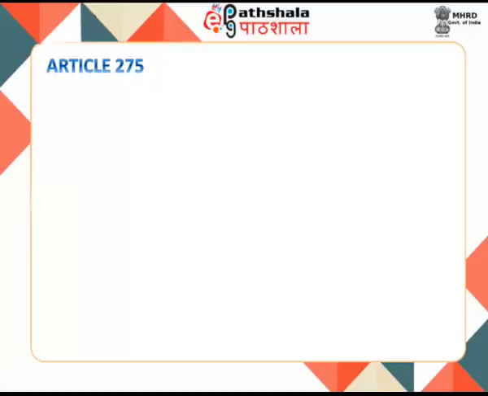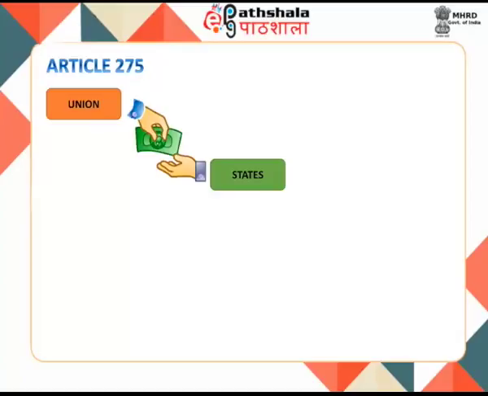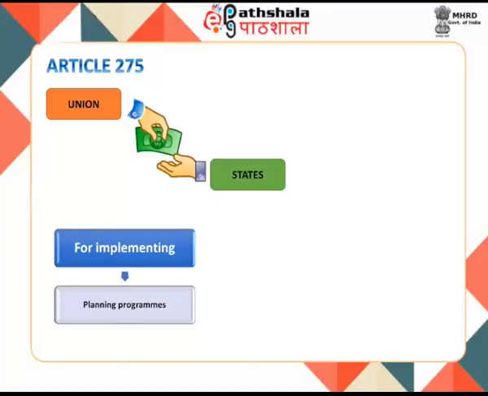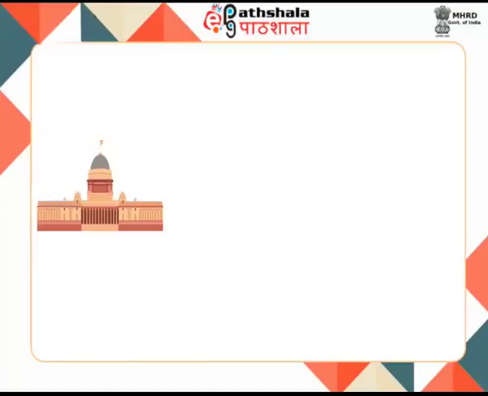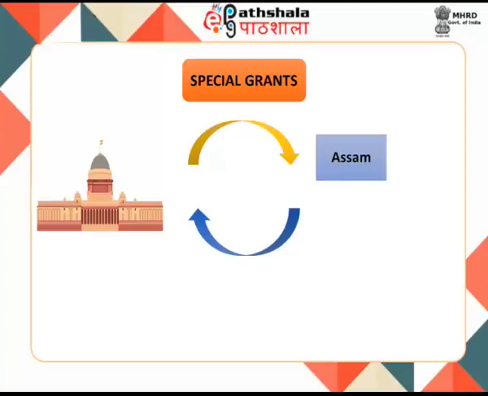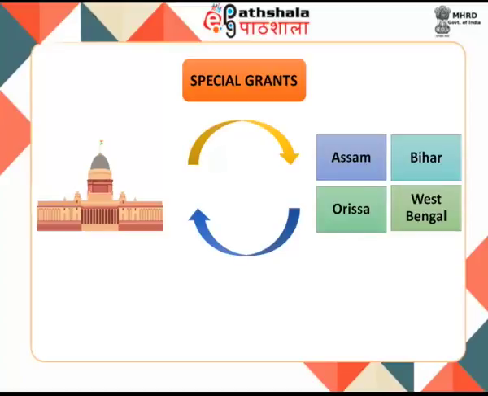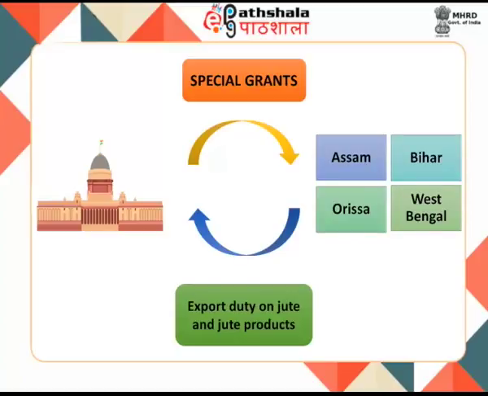Article 275 deals with the grant and aid given by the Union to the states for implementing its planning programs as well as for the development of the scheduled castes, scheduled tribes, and other weaker sections of the community. It is provided that the President shall determine special grants to some states like Assam, Bihar, Orissa, and West Bengal in lieu of export duty on jute and jute products.